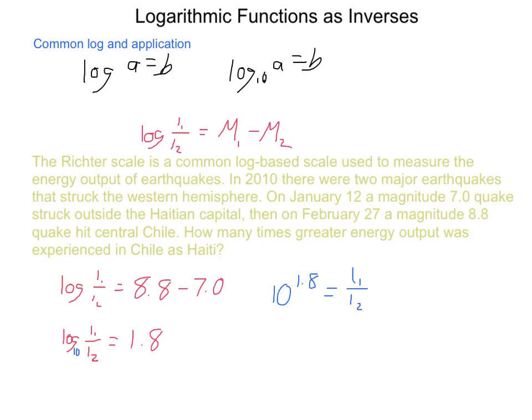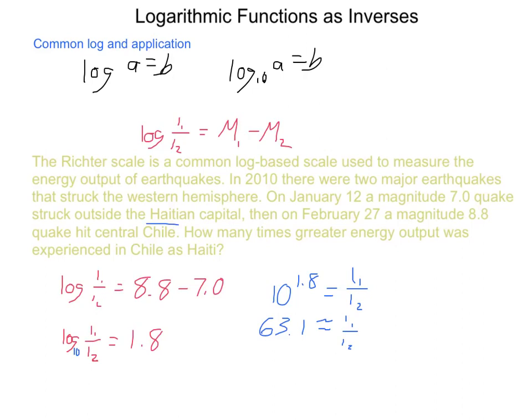And when we work that out, we get an answer of about 63.1. So the increase of energy output, the intensity, was about 63 times greater at the Chilean earthquake as opposed to the Haitian.